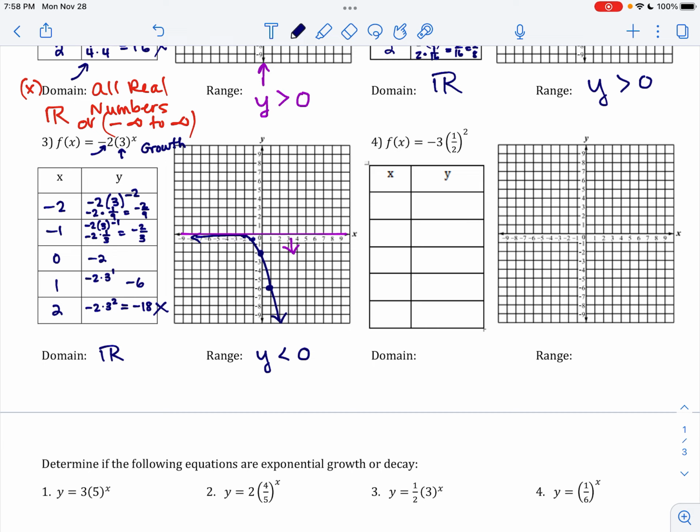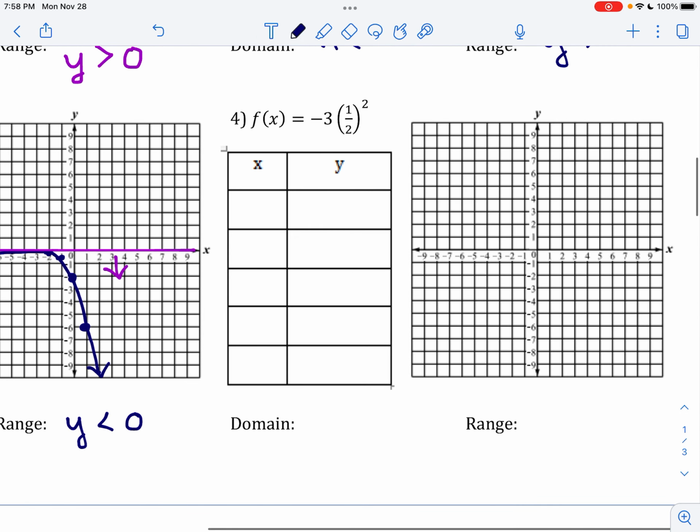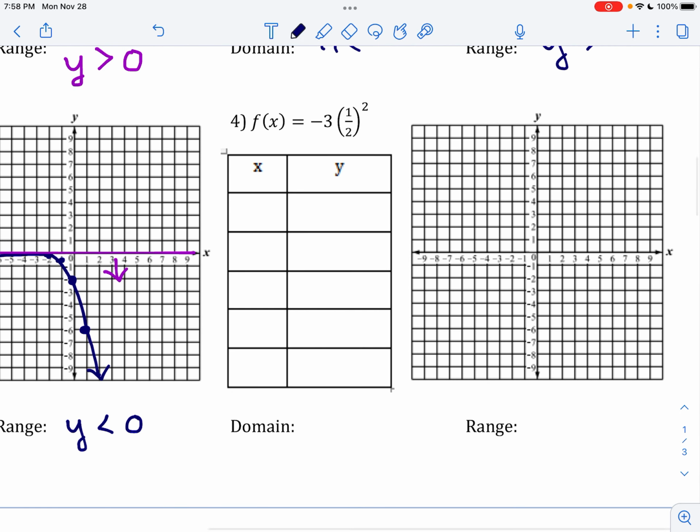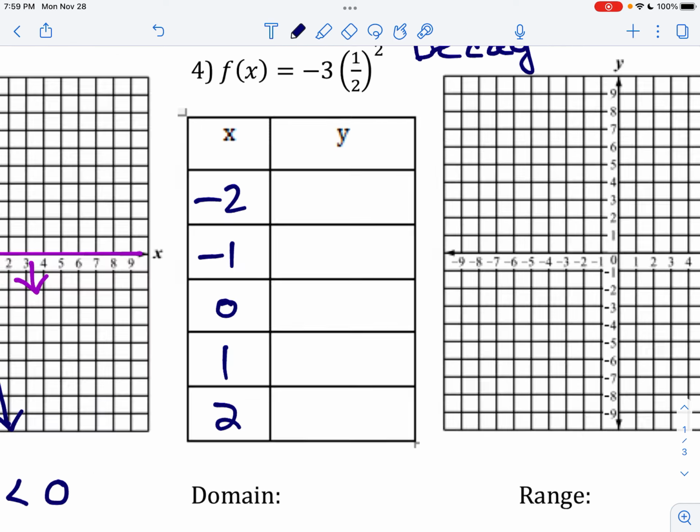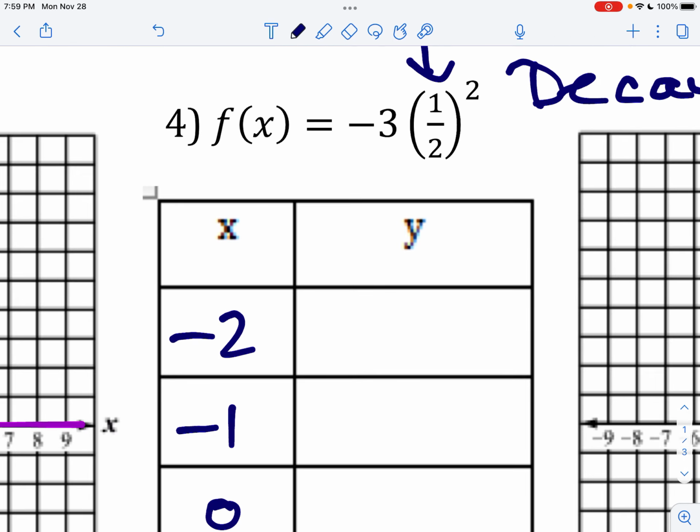All right, it's the last one that we're going to look at today before you start your homework. We know that this is a decay because 1/2 is between 0 and 1. I'm going to fill in my numbers, -2, -1, 0, 1, and 2. And then I'm going to figure out the y values.